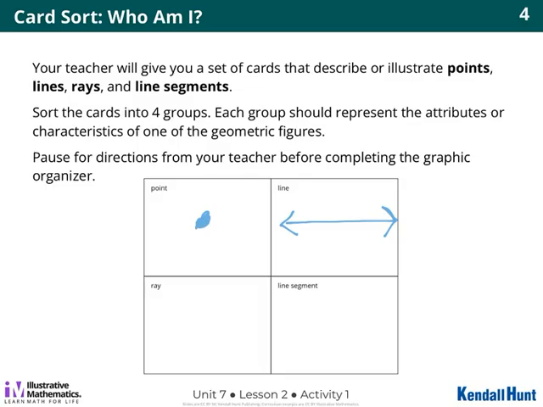I often have 1 dot and 1 arrow to show that I go in 1 direction. And it looks like you should have done this one. Okay, next we have line segment. I am a part of a line that is bounded by 2 points.